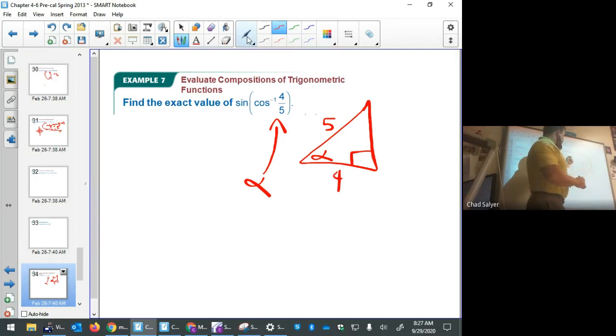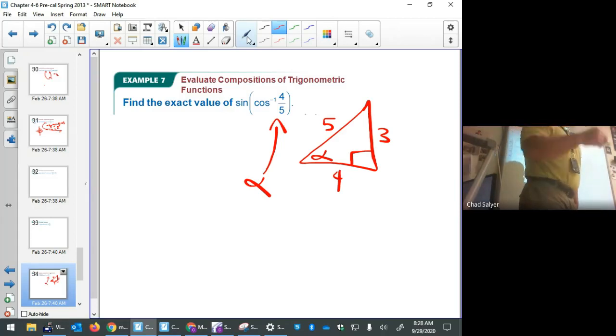So it's some angle alpha that has this for its cosine ratio. Then I'll use the Pythagorean theorem to find this side. What is this side? Well, it's a special triangle, 3, 4, 5. So that one I don't even need to use the Pythagorean theorem for because it's such a common Pythagorean triple.